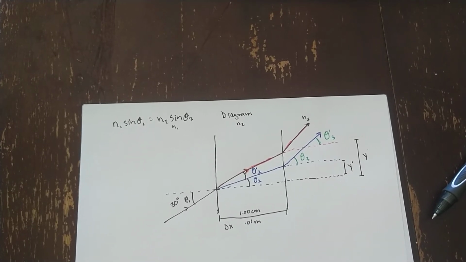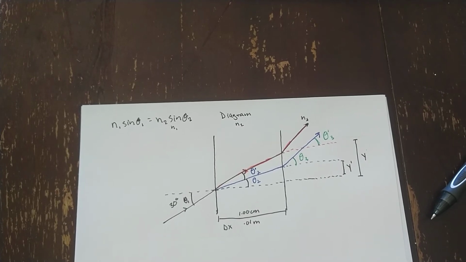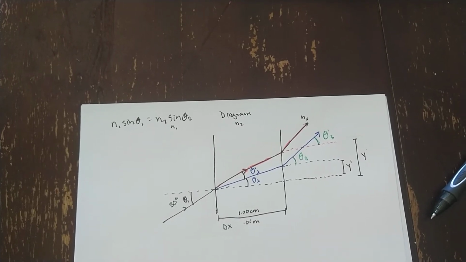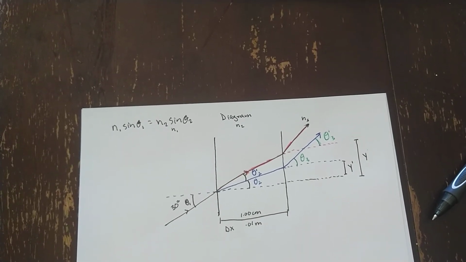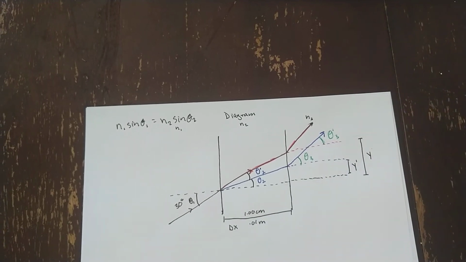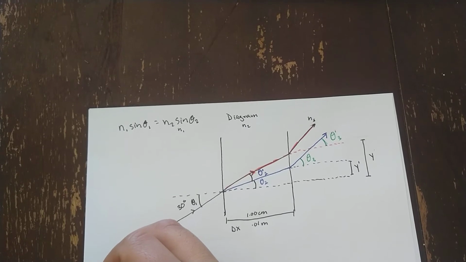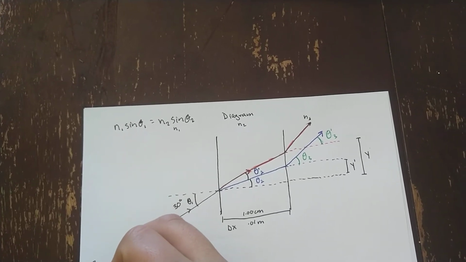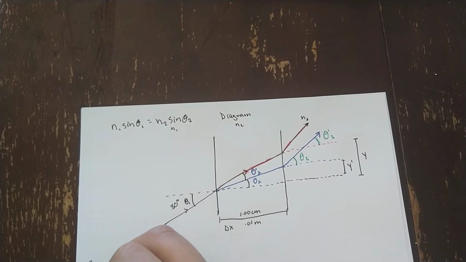Now that we have a diagram, we can start entering some information, but first we have to look at a table to get some of the n values, because I don't know offhand what crown glass is or how thick it is. So if you go to a table, we're going to write that down from the table.